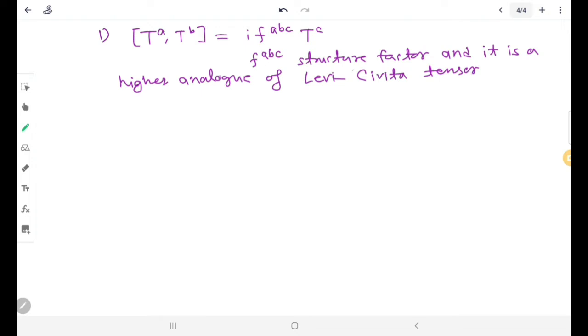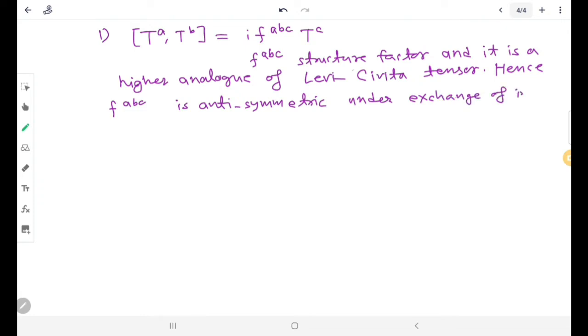Very good. The Levi-Civita tensor is an antisymmetric tensor, so f^{ABC} is antisymmetric under exchange of indices.